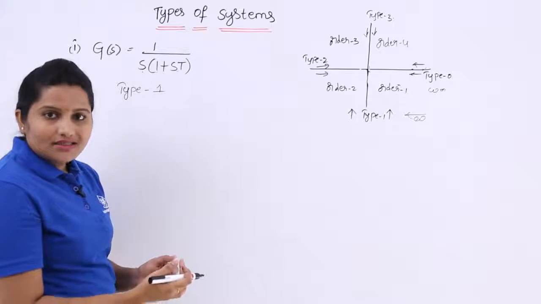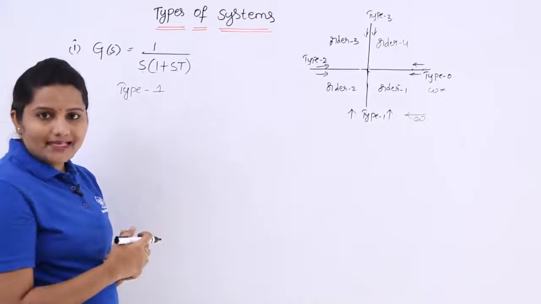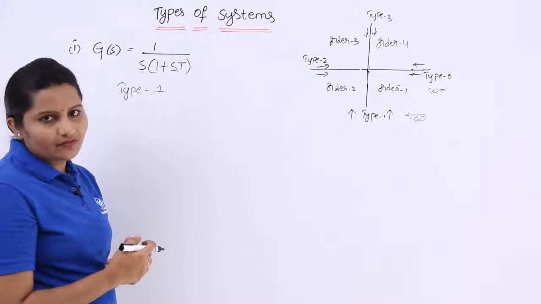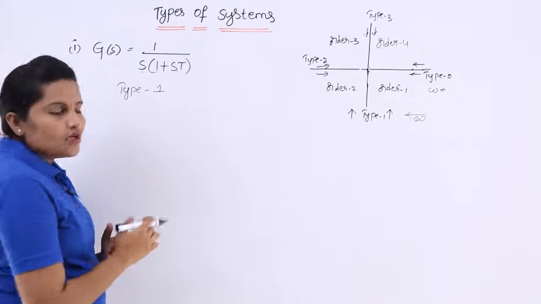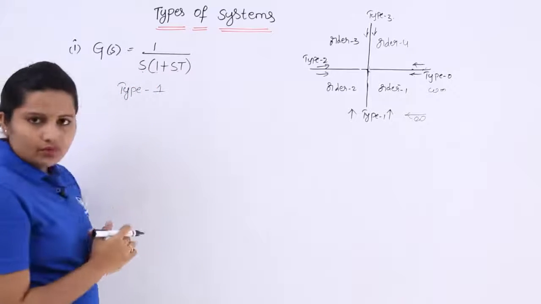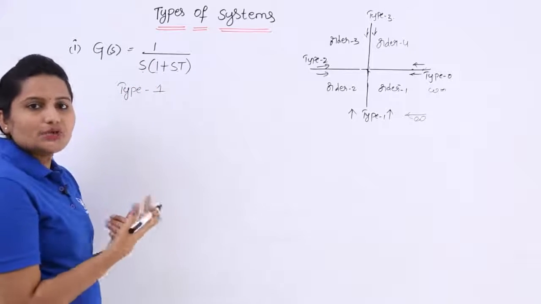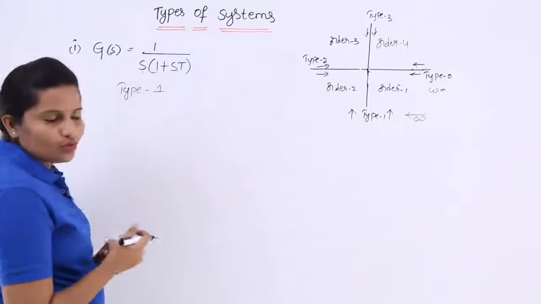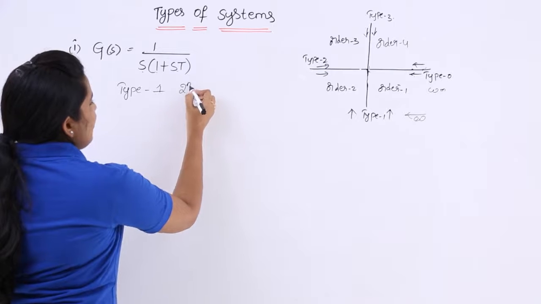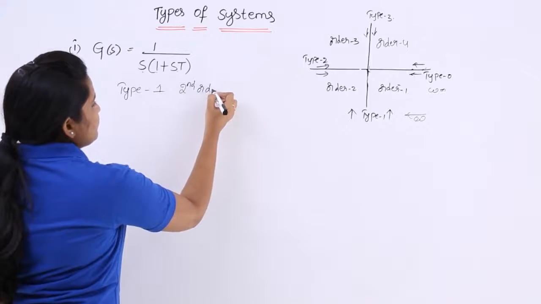Coming to order, the maximum value of s power will define the order of the system. If you multiply these two terms, you are going to get s square. So the maximum power of s will be 2. So this is a second order system.